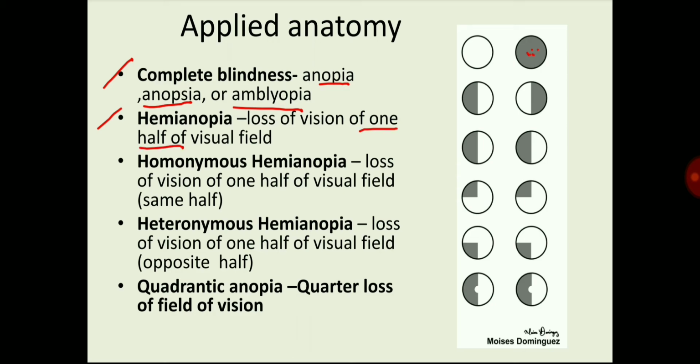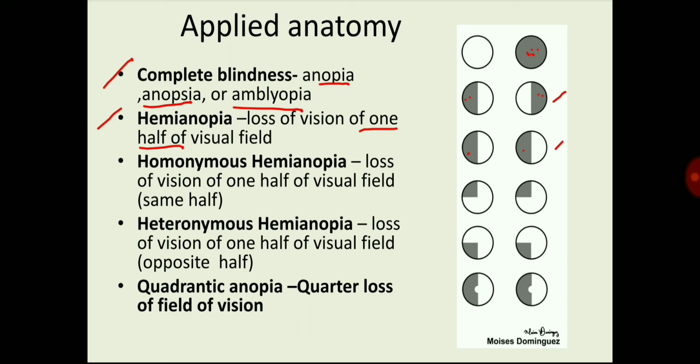So either right half or left half, and here in this image you can see the two images showing hemianopia, where there occurs a loss of one half of the visual field.